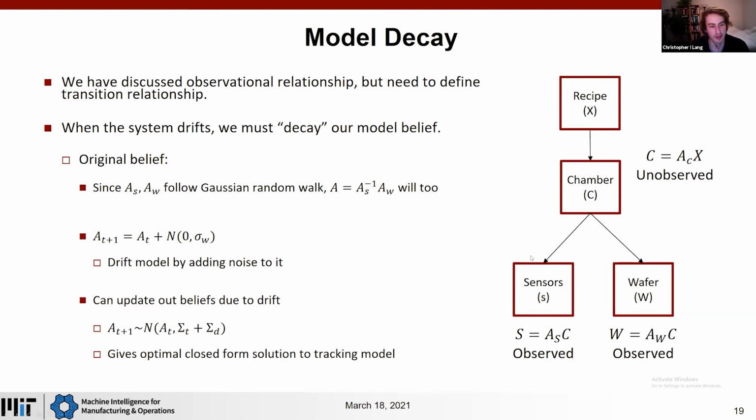Gotcha. So let's just say that you can have negative temperatures, we're in Celsius or something. If we have a sensor that is measuring the temperature inside of the chamber, the sensor values can be negative and the chamber values can be negative. It could also be fine that our sensor values give us negative actual chamber temperatures. But what does cause a problem is if the relationship between these chamber variables and the sensor variables changes sign.